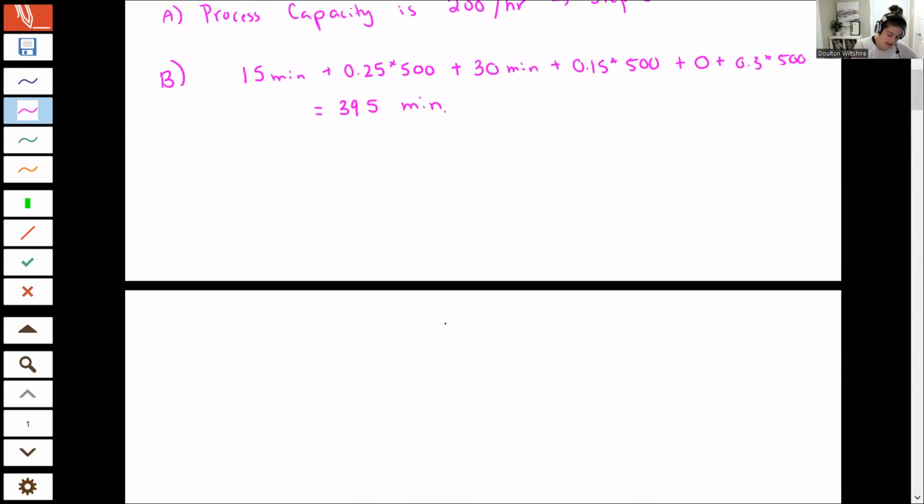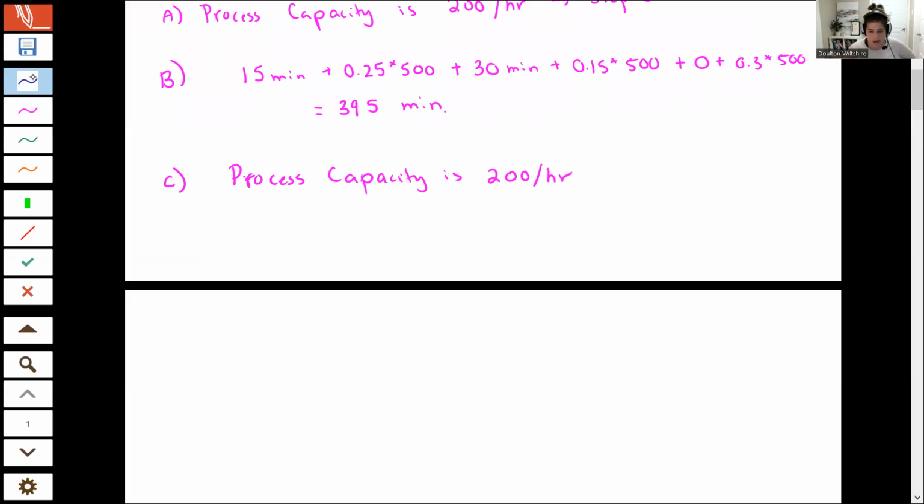What we want to recognize for C is that our process capacity is that 200 per hour. And so what we want to do is for stage 1 and stage 2, use that batch sizing formula to figure out what batch size will give us a flow rate, right?